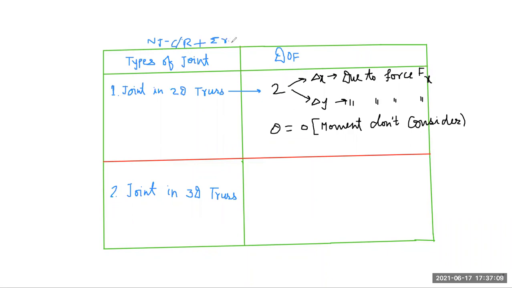You already know this is your release reaction, this r is constraints or reactions, or it is also number of compatibility conditions. Now this j is number of joints and this n is equal to number of independent displacements or number of possible degrees of freedom available at a joint.